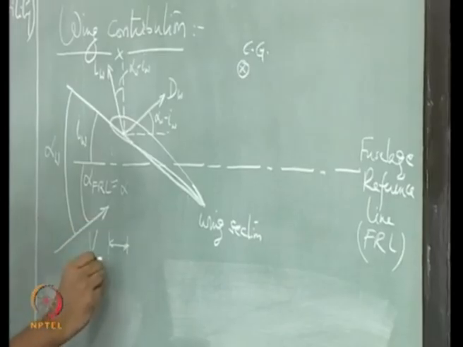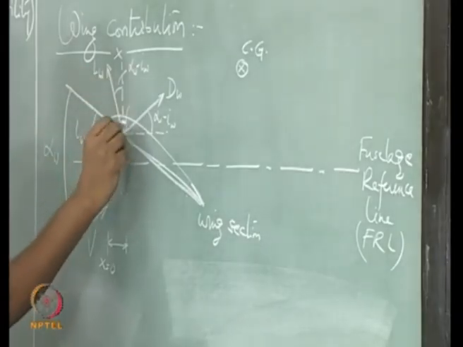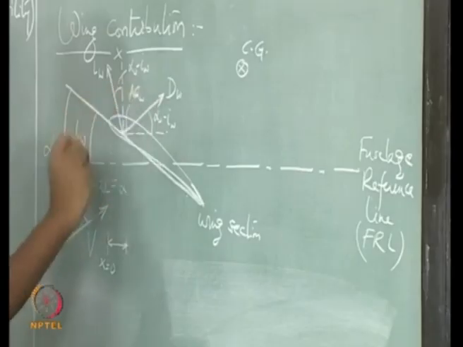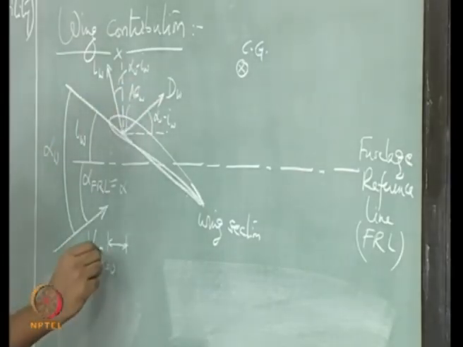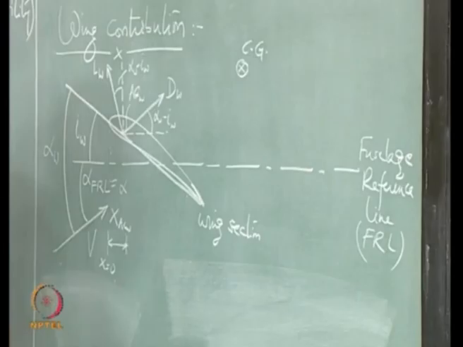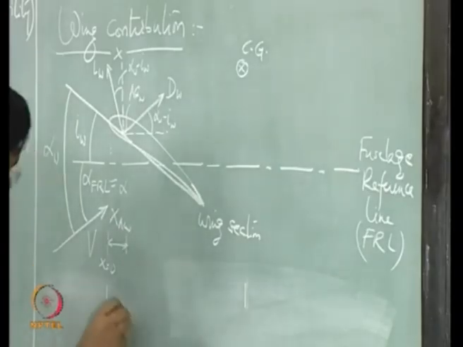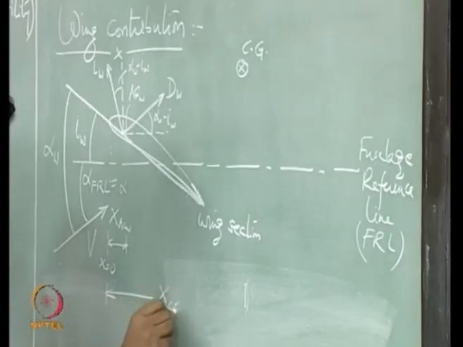This point is the wing leading edge, and the distance of the aerodynamic center of the wing from this leading edge is x AC W. We also define the distance of the CG from the leading edge, which is xCG.